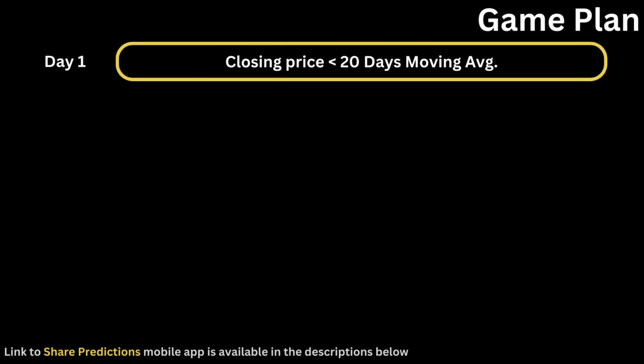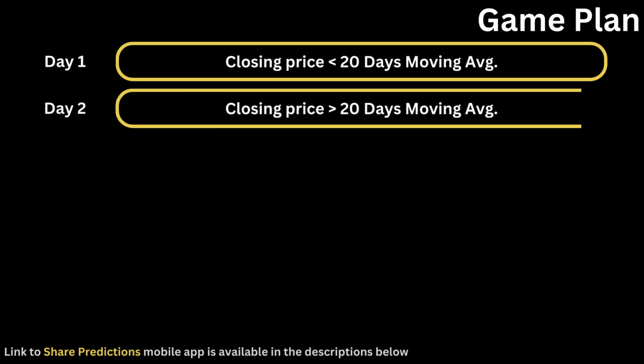In our strategy, instead of checking technical indicators on one single day only, we'll be following each candidate stock for a few days to confirm the start of an uptrend to minimize the number of false positive signals as much as possible. In our defined strategy, we'll be looking at daily figures only. And on day one, we want that the closing price of the stock shall be below its 20 days moving average.